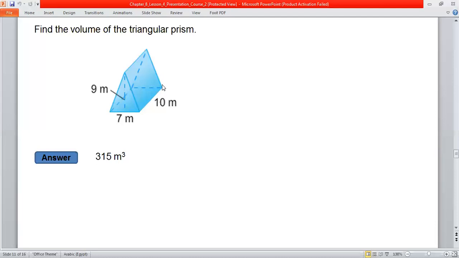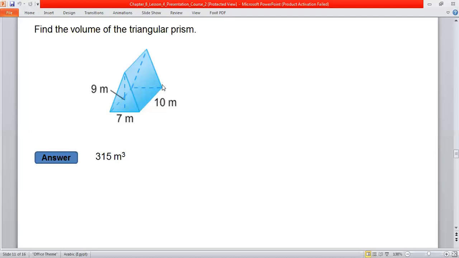What is the base area here? The base area is half times 9 times 7, because this is a triangle. I can find half of 9, which is 4.5, and multiply by 7.